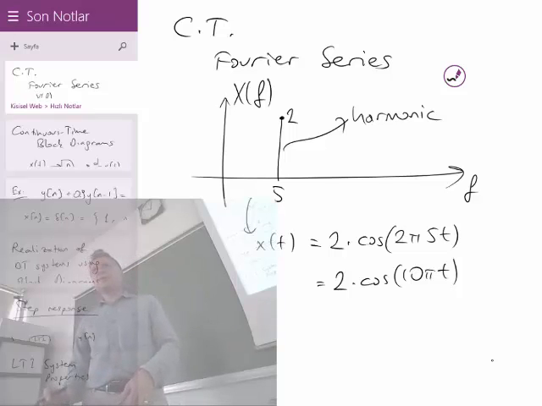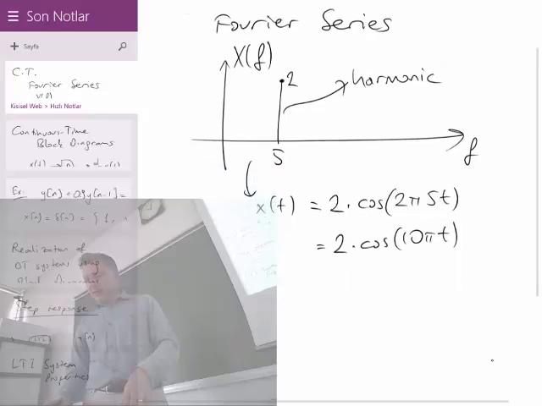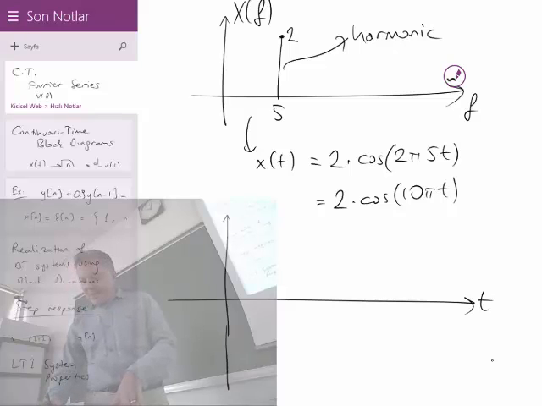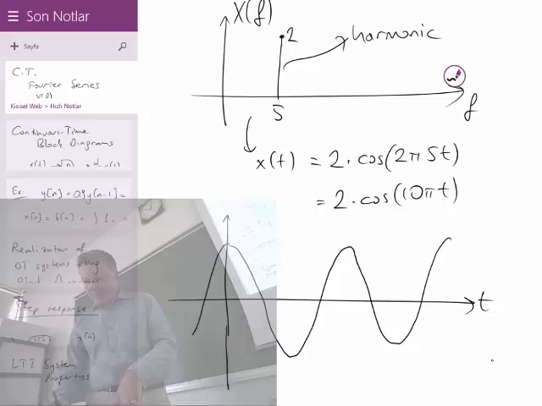And in the time domain, if you try to draw this, what would it look like? It would look like, on the t-axis, a cosine signal like this, extending to both sides. And this point is 2, this point is minus 2. And how about the period?